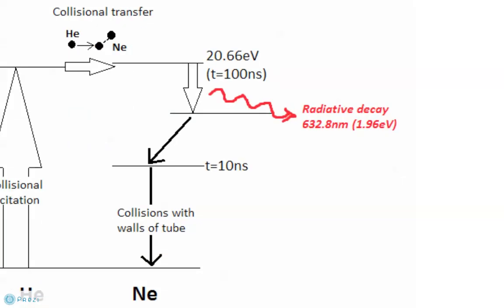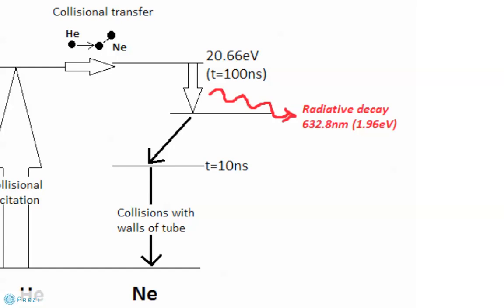This metastable state is responsible for slow radiative decay. The decay typically takes 100 nanoseconds and causes the emission of a photon at 632.8 nanometers, shown here by the red line. By contrast, the subsequent decay is much faster, with a relaxation time of 10 nanoseconds.